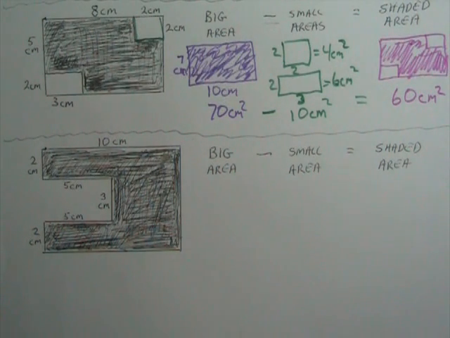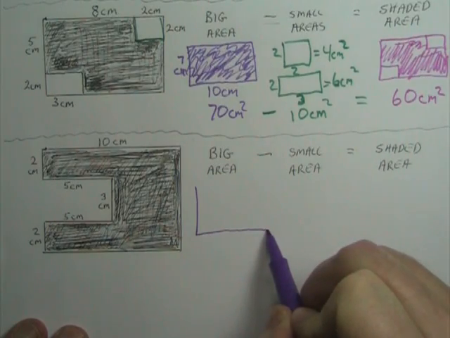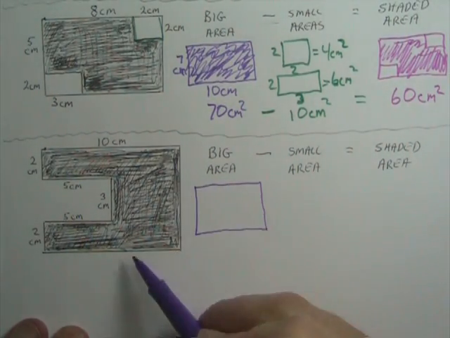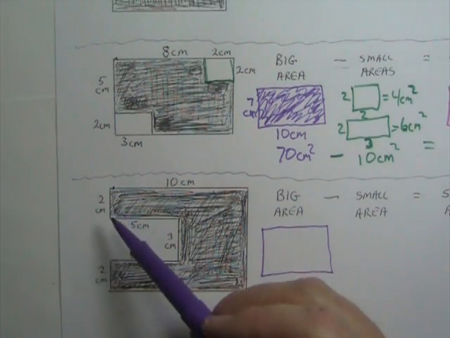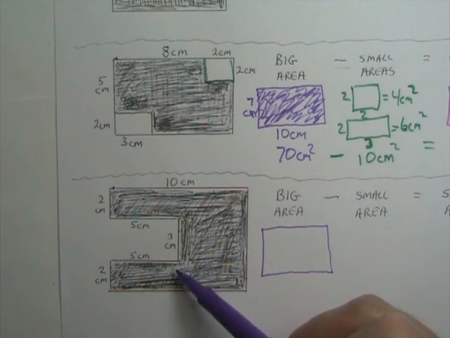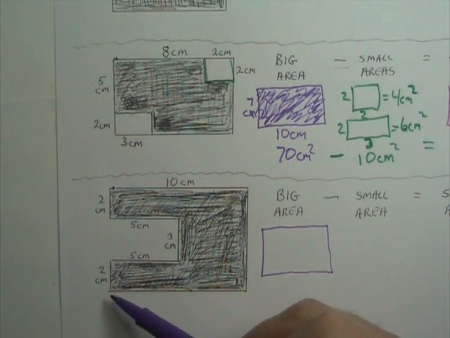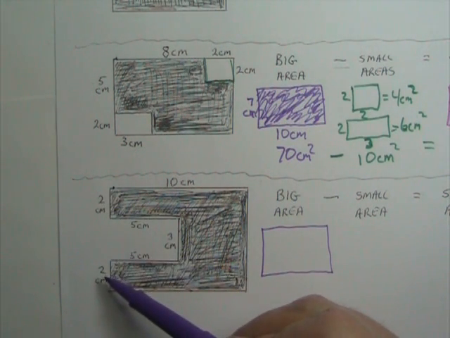So this big rectangle right here, let's see if we can figure out the measurements. First of all, it's 2, 3, and 2. Going down is 2, 3, and 2. That means going down it is 2, 5, 6, 7.